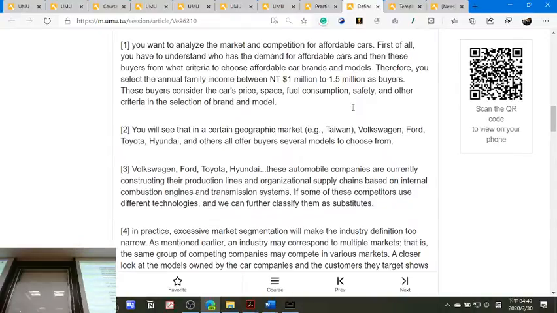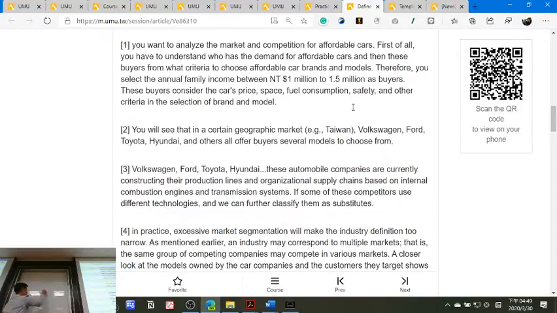So the first thing is to identify the demands or the needs. You have to define who will buy affordable cars and what are the specific needs the affordable car makers try to fulfill. So that is always the first step.